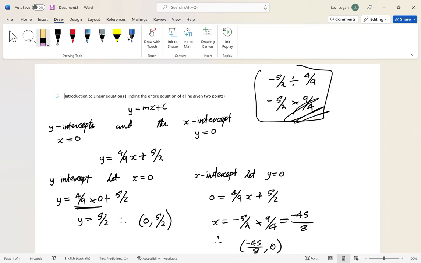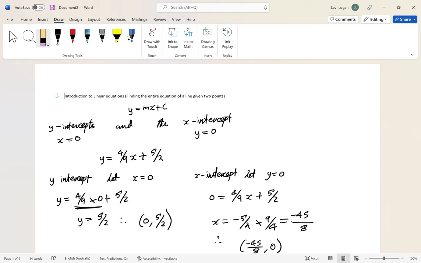Boom. You'll need a calculator if you want to work that out as a decimal. Using my calculator, that's approximately negative 5.625. So using our axes here, we have x, y, negative 5.6, that's going to be about here.